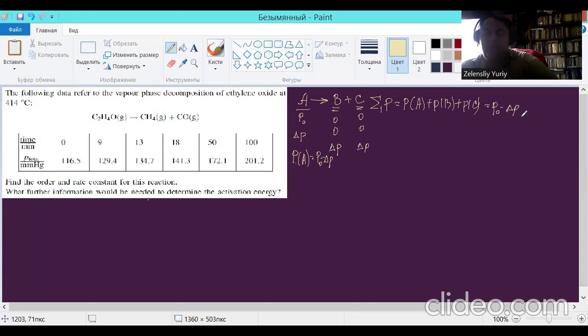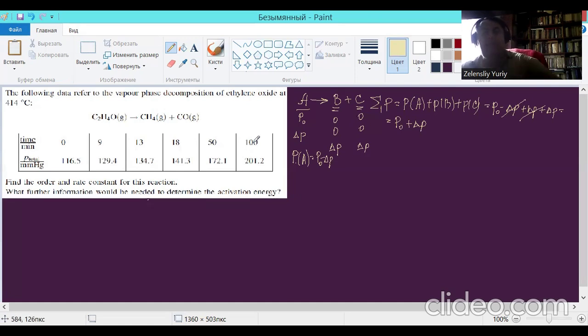The partial pressure of B is equal to delta P, and the same is about the other product. It's also delta P, right? And we can say that the total pressure of the reactional mixture at moment t is equal to P0 plus delta P. In other words, as the reaction goes on, the total pressure of the system increases, and the findings given in the table prove that.